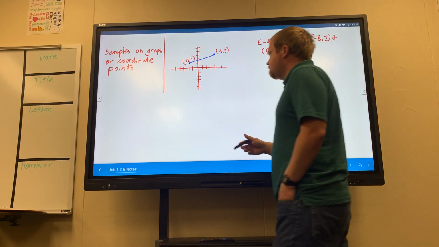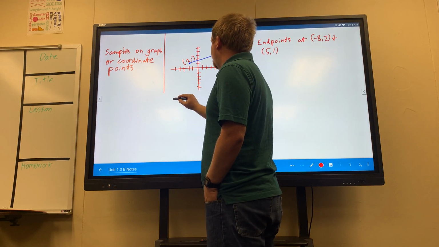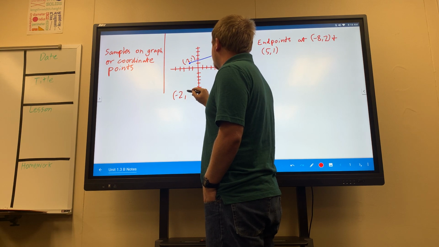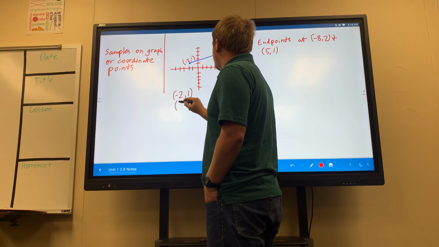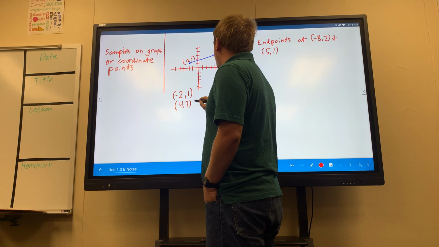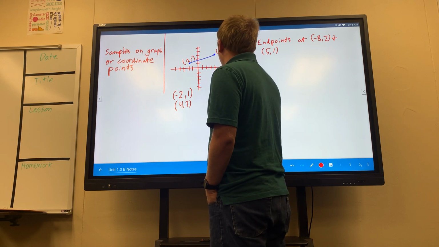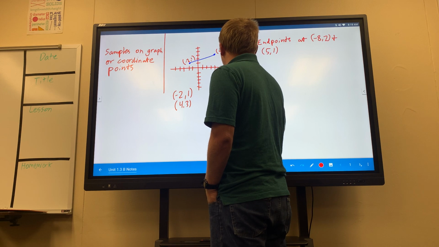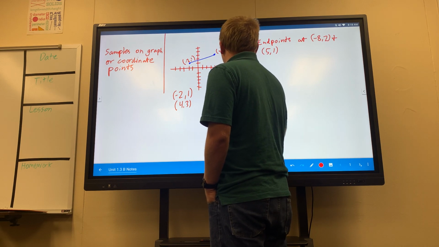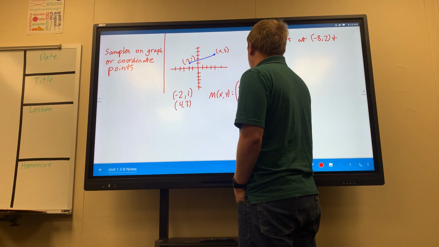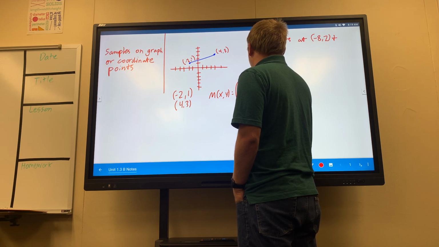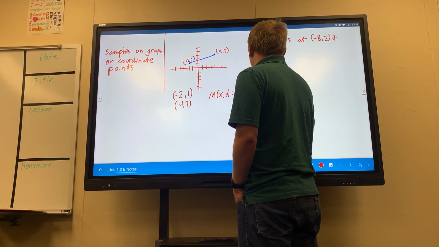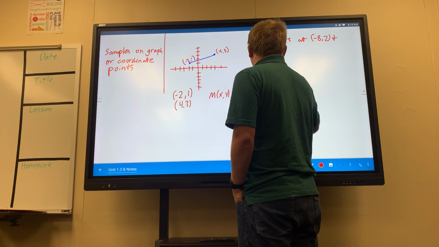Now, if you recall, so let me write those down real quick. If you recall, my midpoint of xy is actually going to be (x1 plus x2) over 2, comma, (y1 plus y2) over 2.